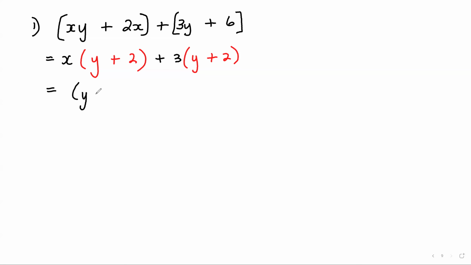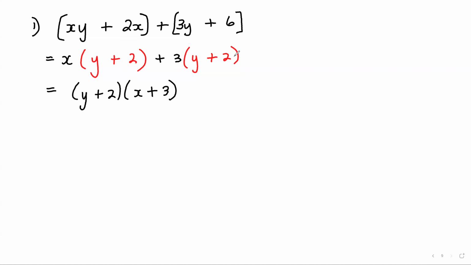So I put that first. y plus 2 times x gives me x by y plus 2, and y plus 2 times 3 gives me 3 by y plus 2. And that would be my factorizing by grouping there.